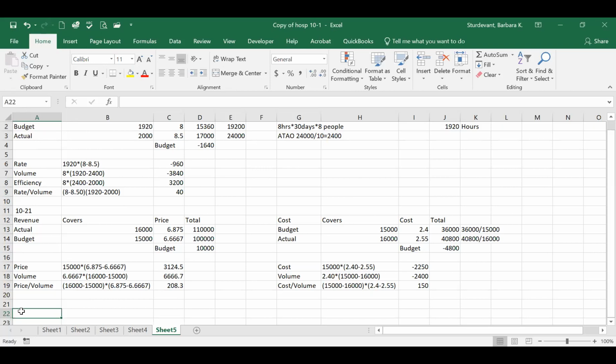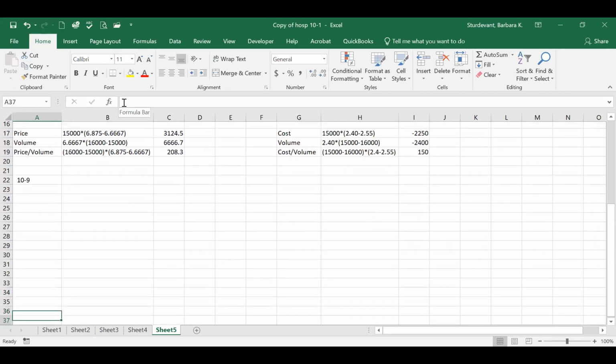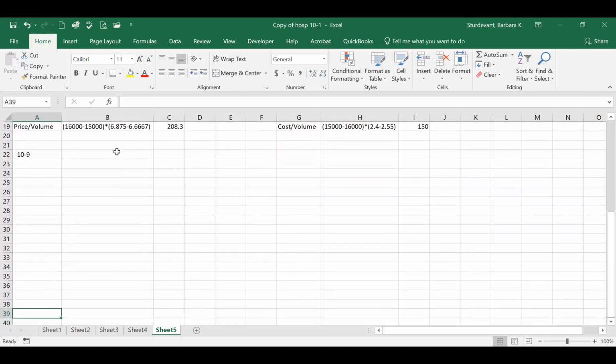And so this is an annual budget. So we have some room here. We have 75% occupancy.